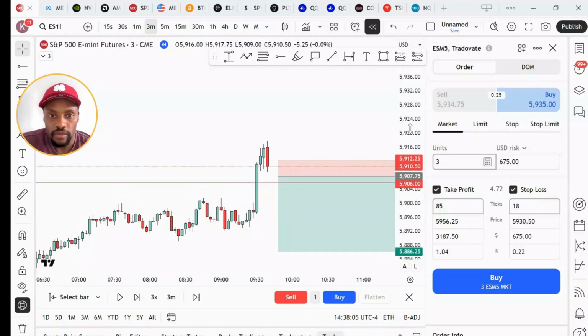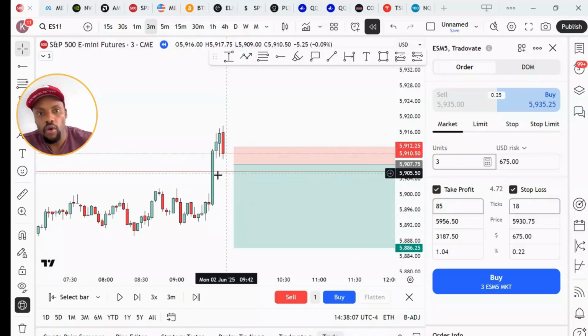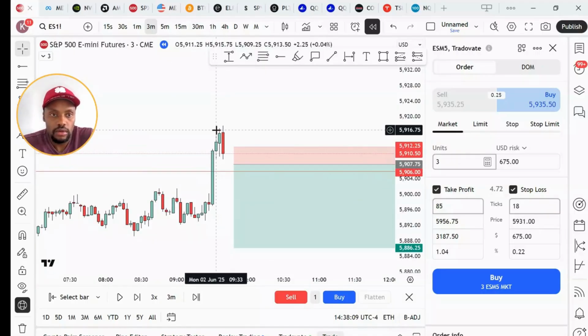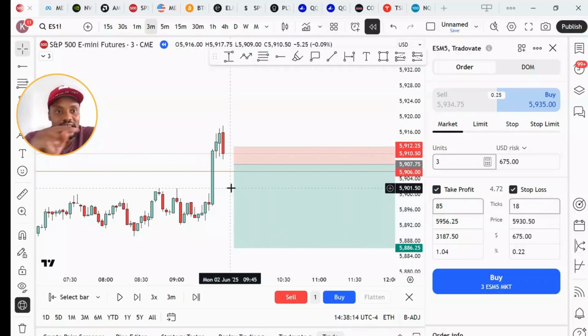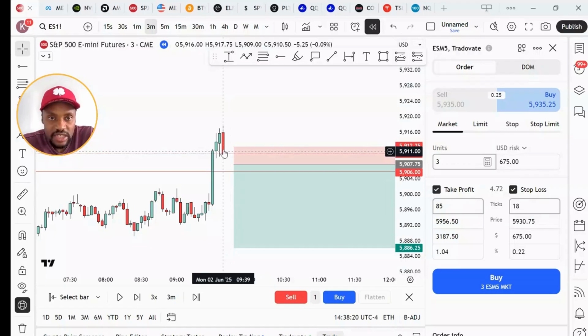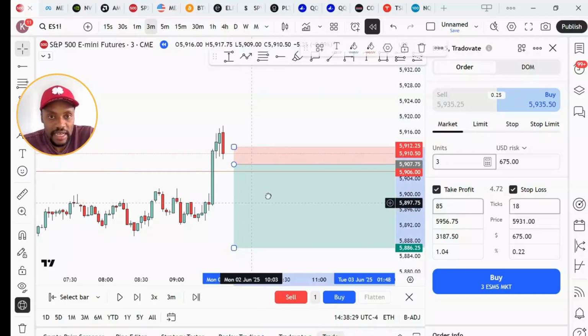Now, what I look for is one candle to open and close in the direction of my trade, and then the second candle to open in the same direction. Since I'm looking at this on a 3-minute, I need this 3-minute candle to close red. And when the next candle also opens and is showing me that it's red, that's when I take my entry.